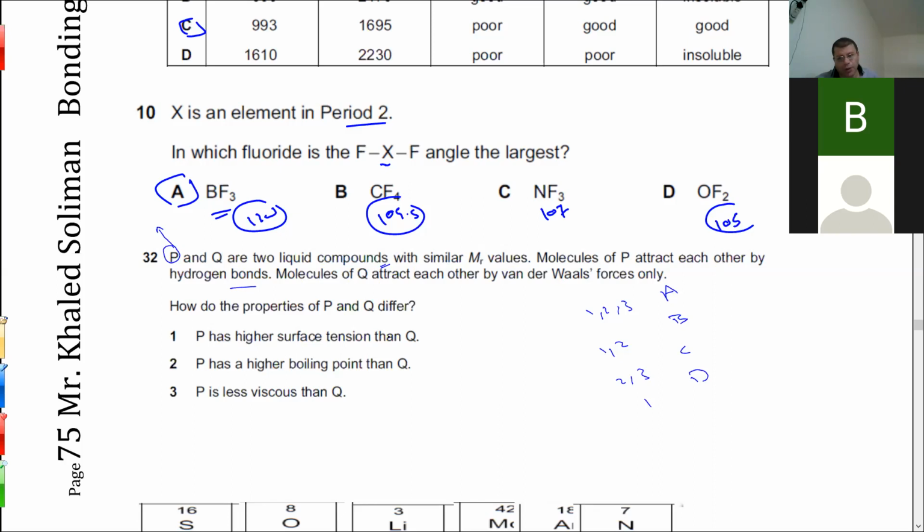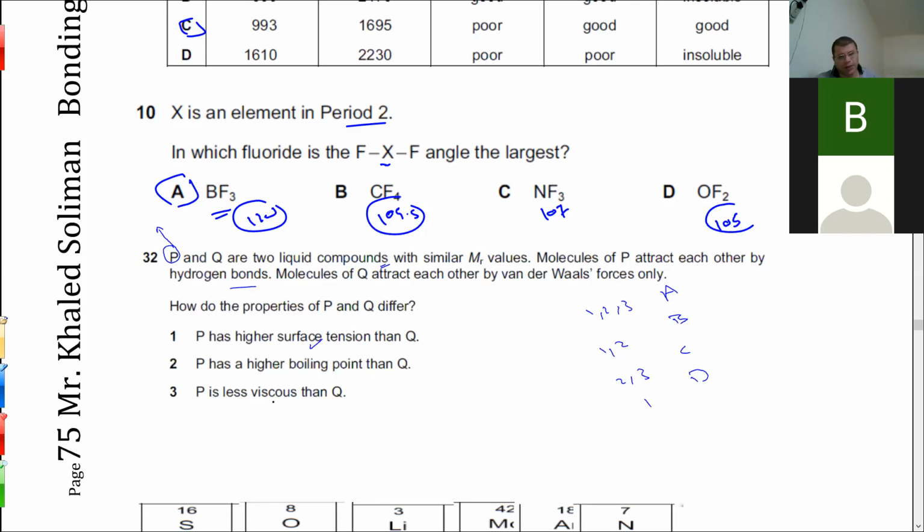What it's saying is, when you have hydrogen bond, you have higher surface tension. B has a higher boiling point than Q. If they have the same molecular mass, and really they have the same molecular mass here, the one with hydrogen bond will be strongly attracted to each other.